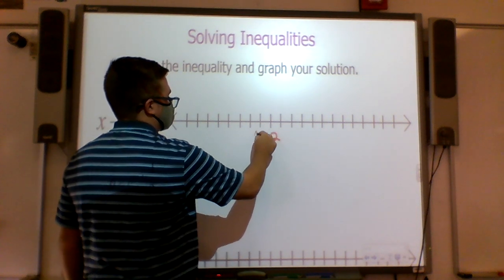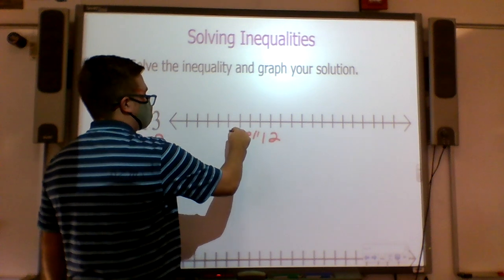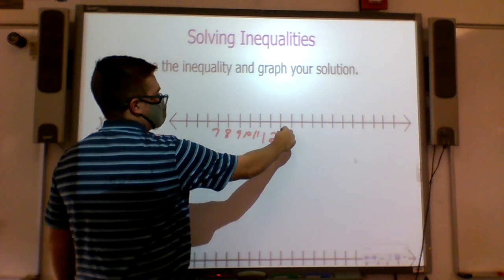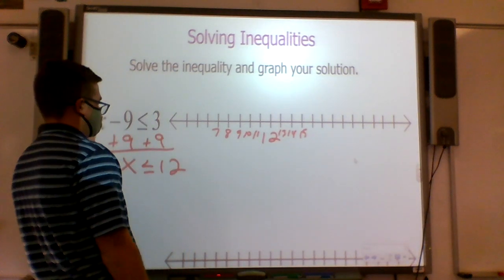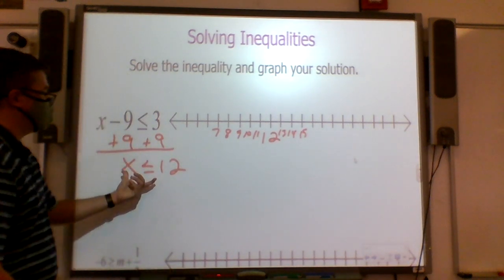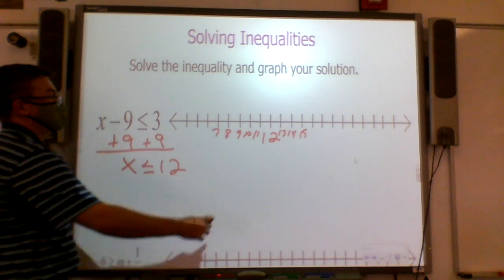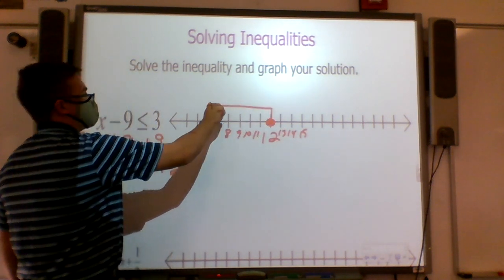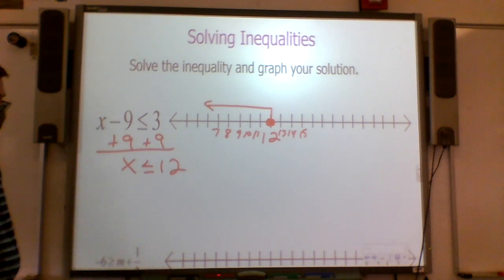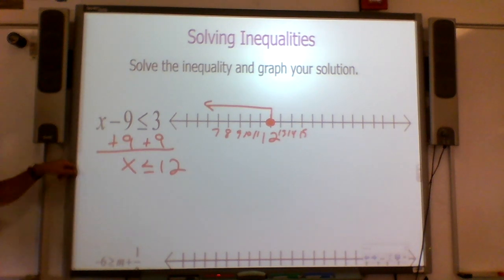So this one would be 11, 10, 9, 8, 7, 13, 14, 15, dot, dot, dot. And we're looking for less than or equal to 12, which would mean a closed circle on 12, shaded to the left, because we want the numbers less than that.